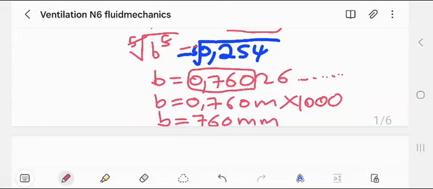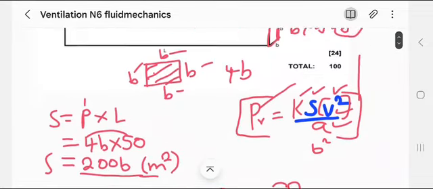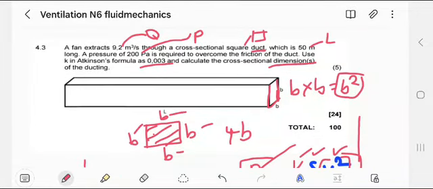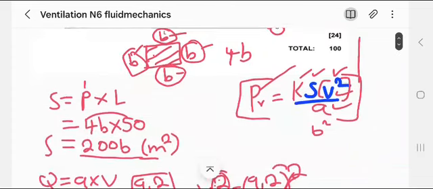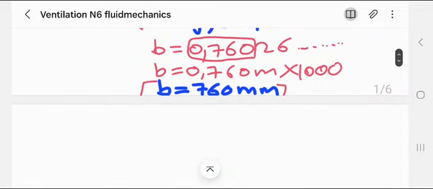This is our dimension, because they wanted us to calculate the dimension of the duct, which is b. Since it's a square, it will be the same throughout. We got the b. So yeah, this is the necessary step that you're supposed to take.